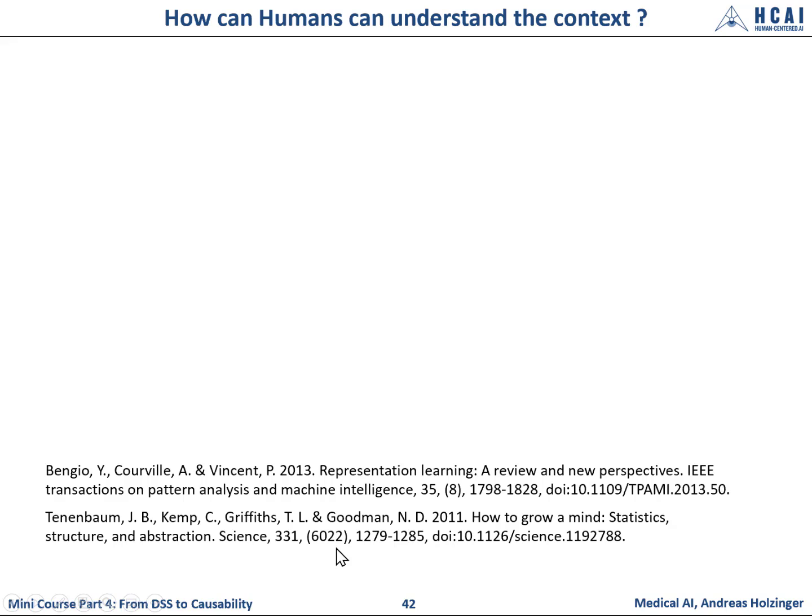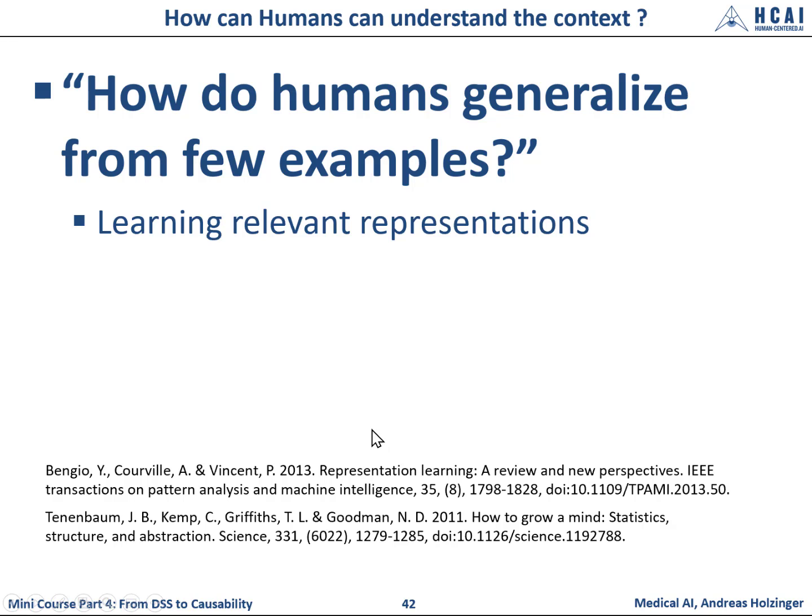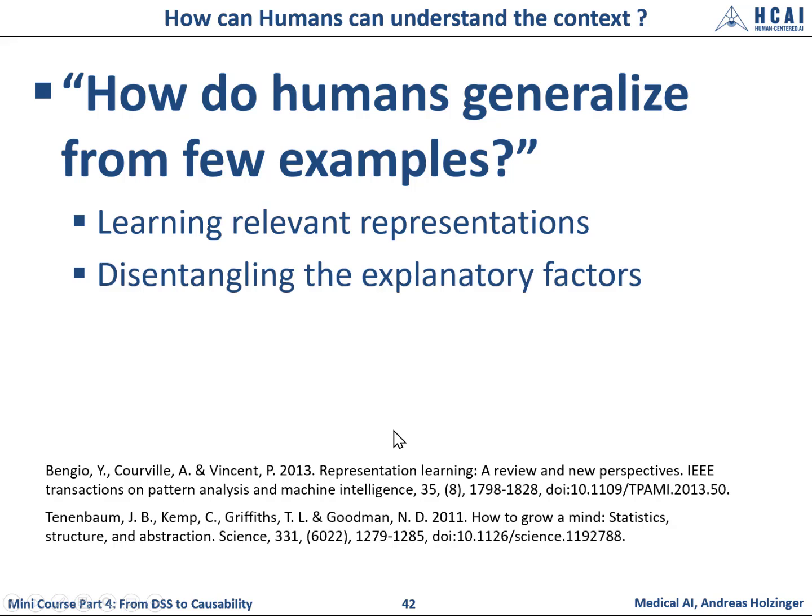So how can humans understand the context? How do humans generalize from few examples? We have mentioned this already. They learn relevant representations, so they are more precise. They are able to learn these relevant representations. They can, for example, answer the question, what is relevant? And what is relevant is a really pressing question.